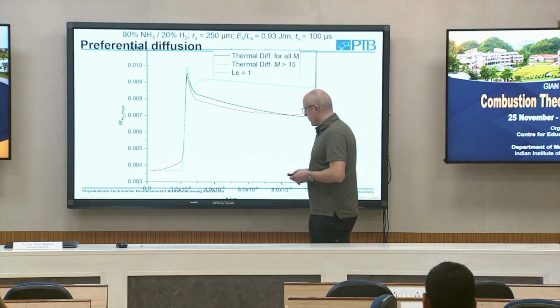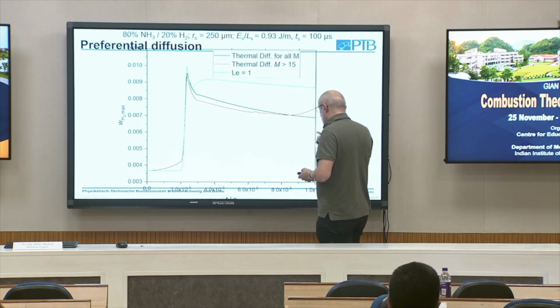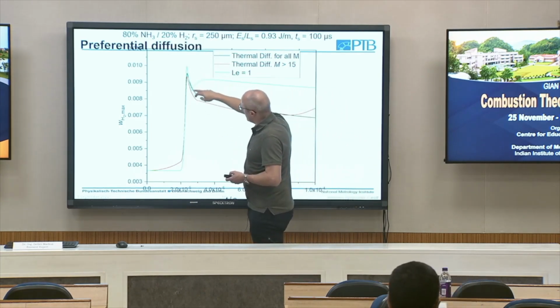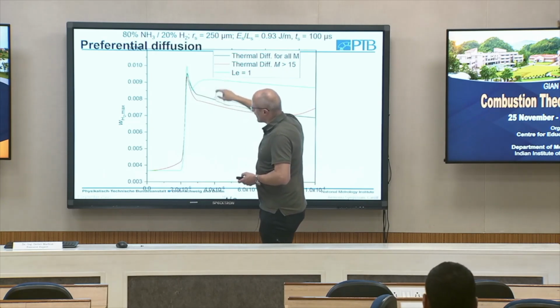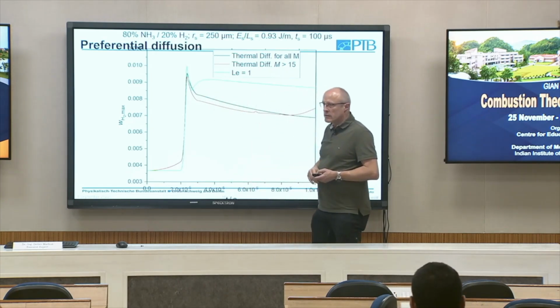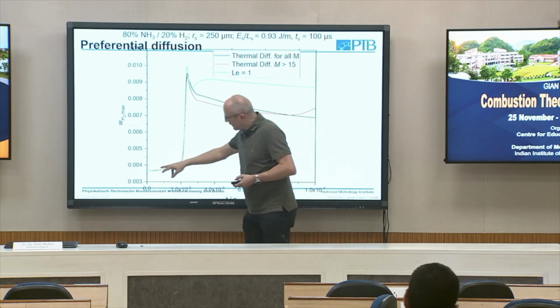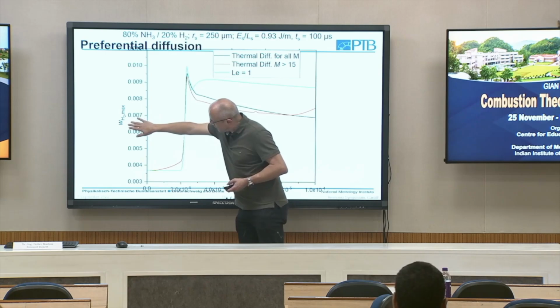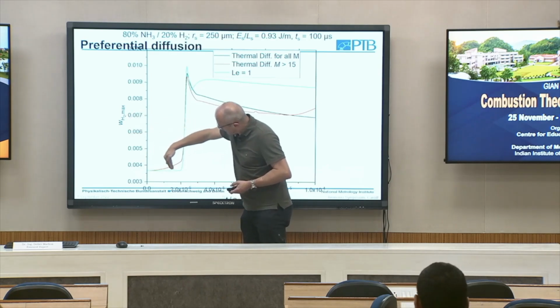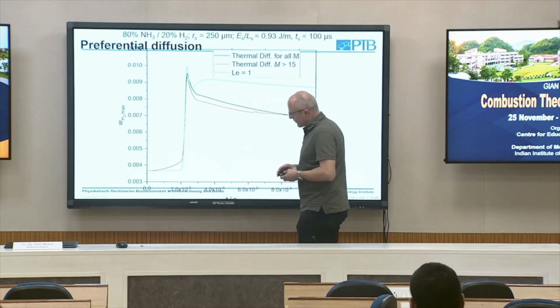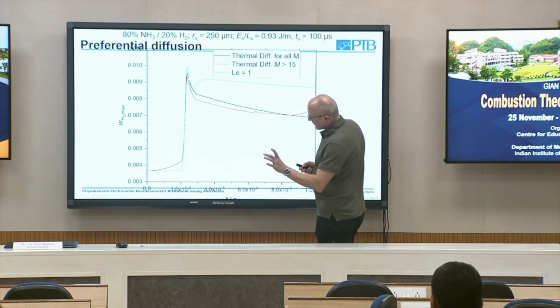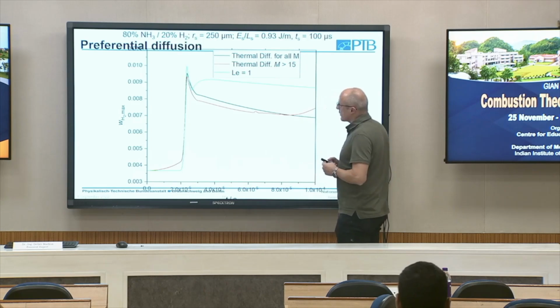And you can see an effect here, but this is after the ignition. So we can see here an influence of this thermal diffusion. So the hydrogen is enriched at a specific condition.